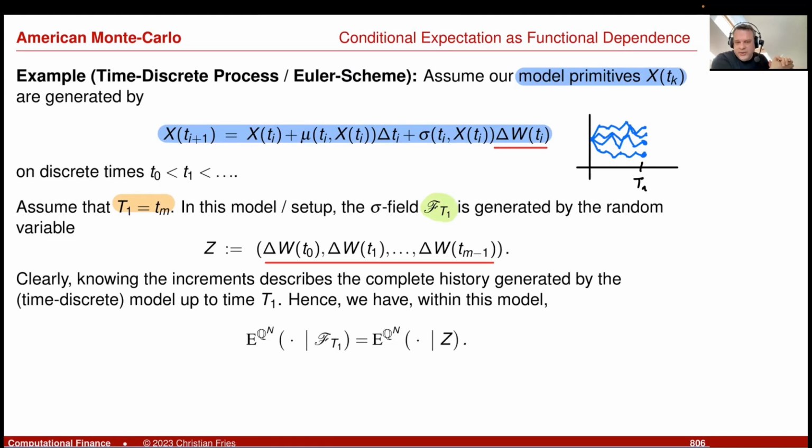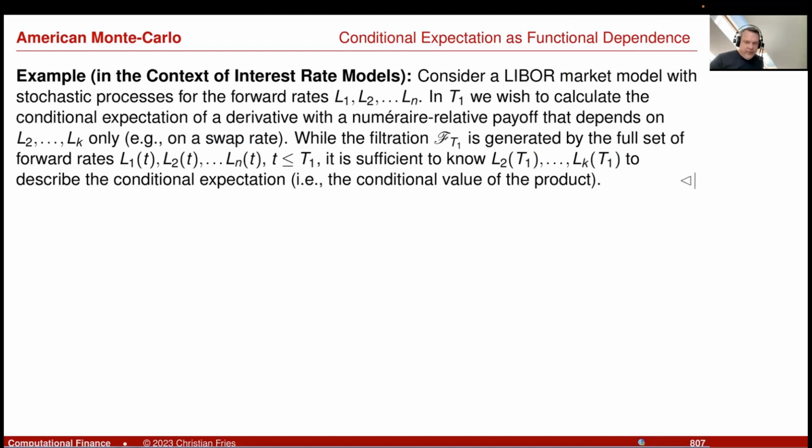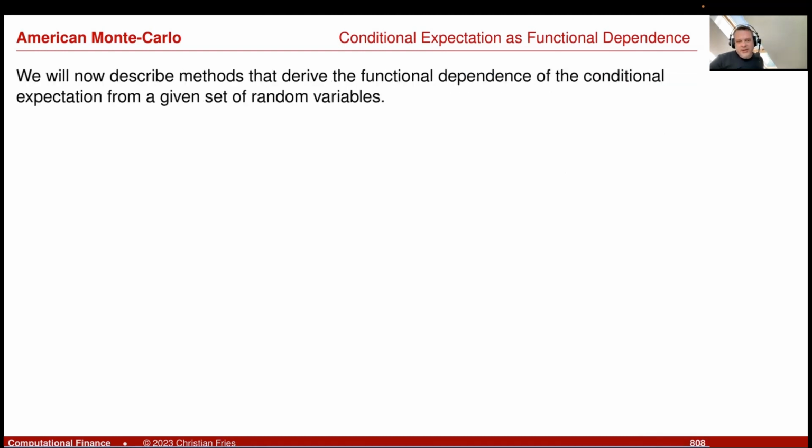So they encode the information that is available in F T1. So I can now express my conditional expectation as conditional to this random variable, so conditional to this function. There's another example for interest rate models.